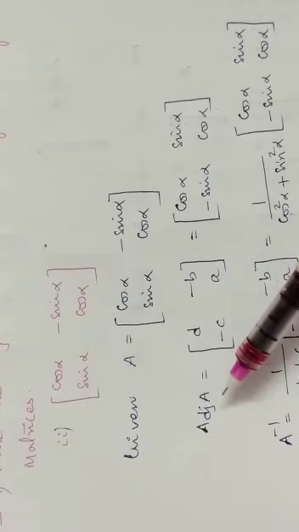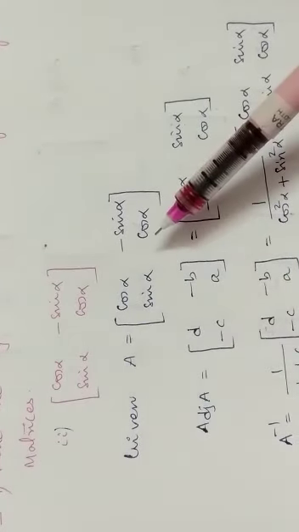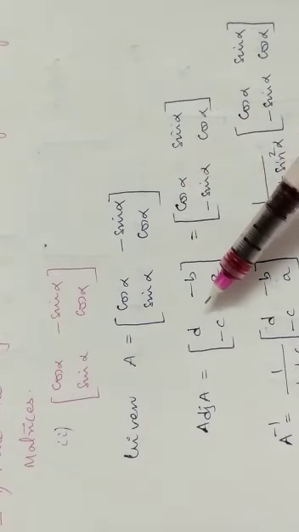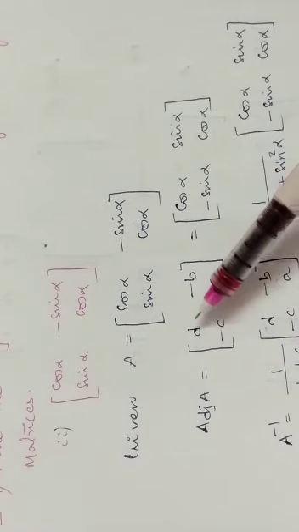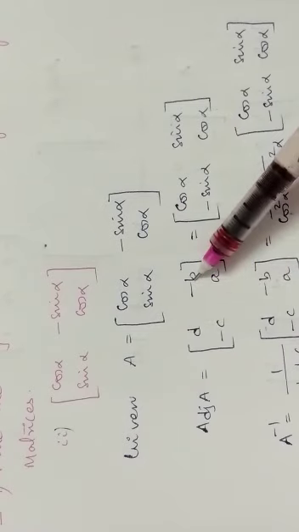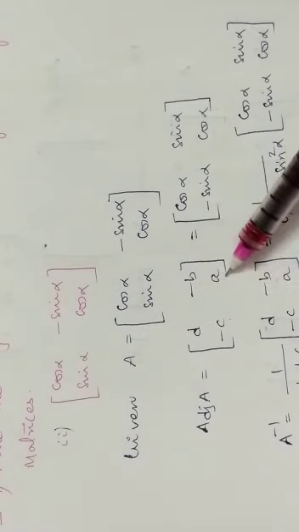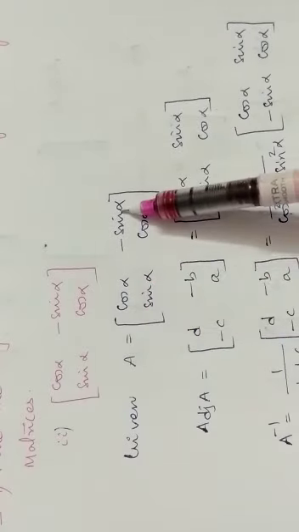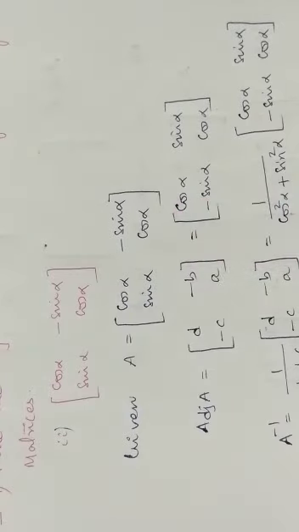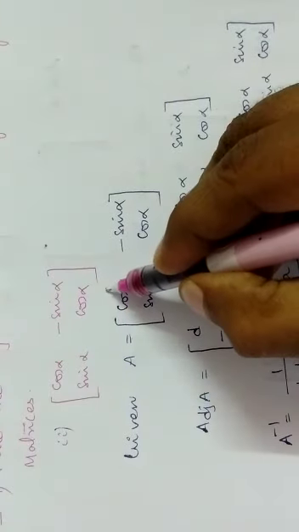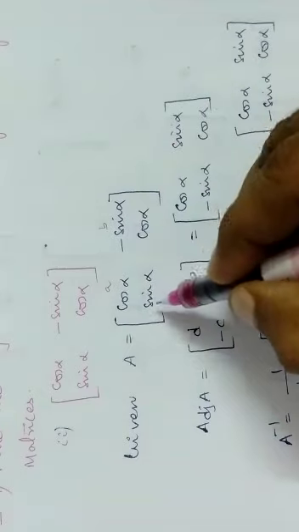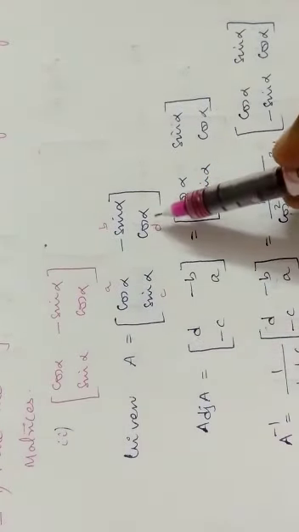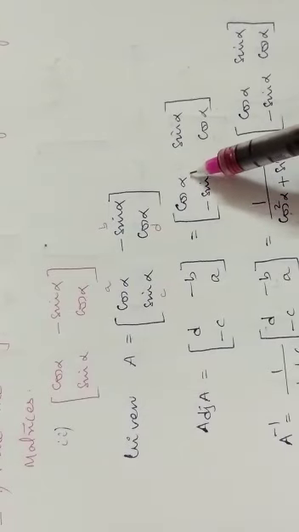Adjoint A formula for a 2 by 2 matrix. This formula is only for a 2 by 2 matrix: D, minus B, minus C, A. This is A, B, C, D. I am writing here A, B, C, D. What is the formula? D means cos alpha.